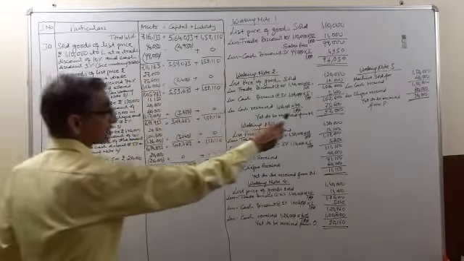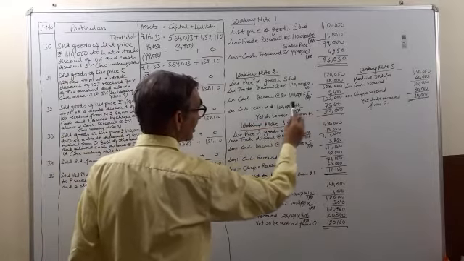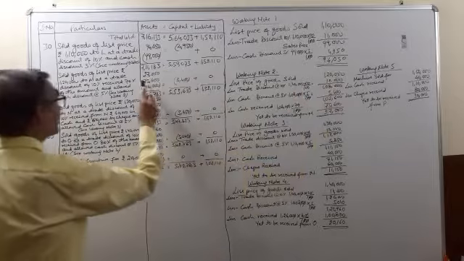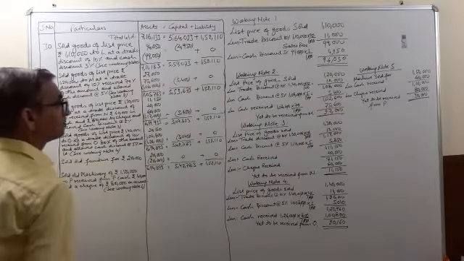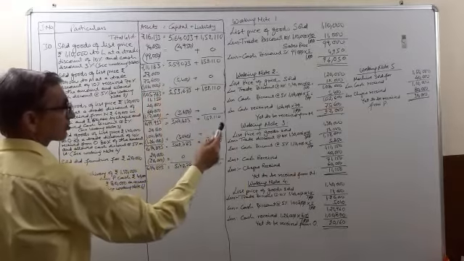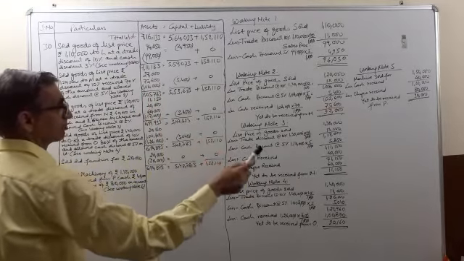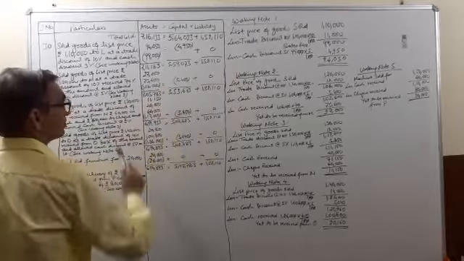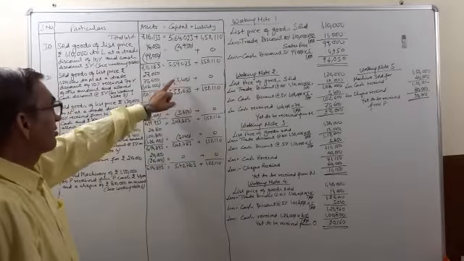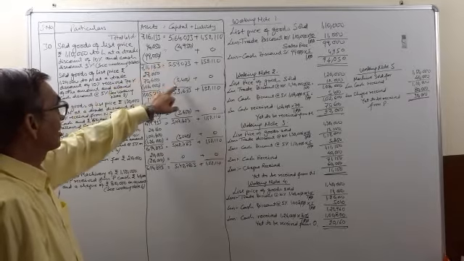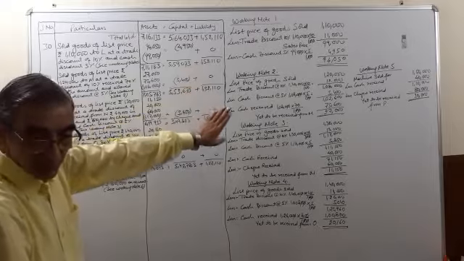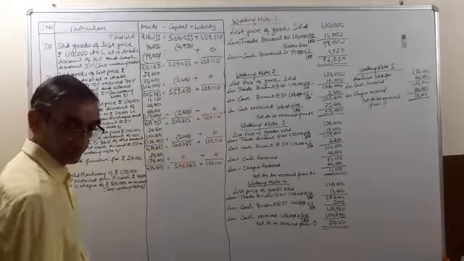The amount that has been received from M, that is 70% of rupees 1,08,000, is 75,600, and the cost of the worth of the goods sold to him was 1,08,000. The discount allowed, which is a loss, is 5,400, which will be subtracted from capital, and no effect on your liabilities.